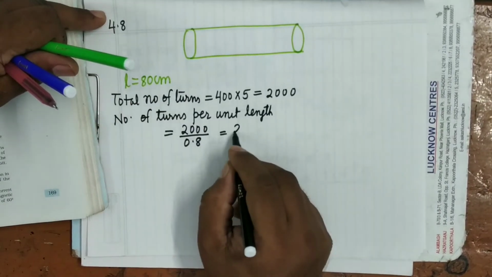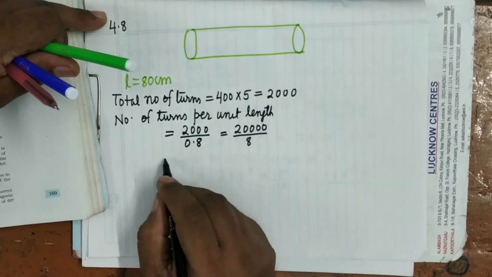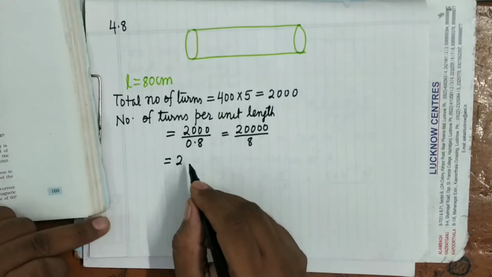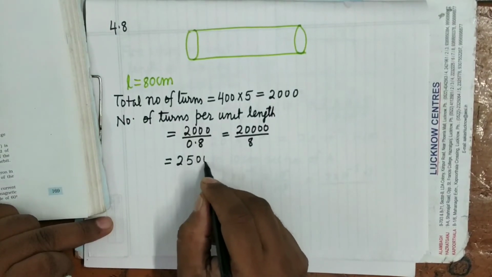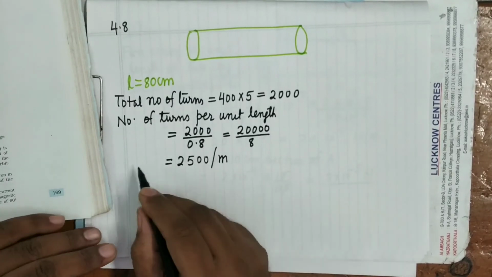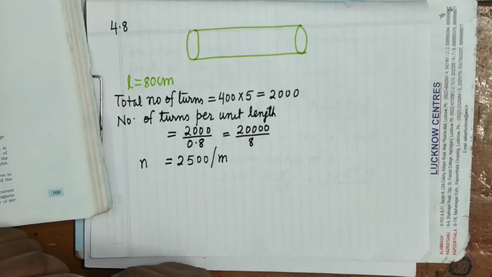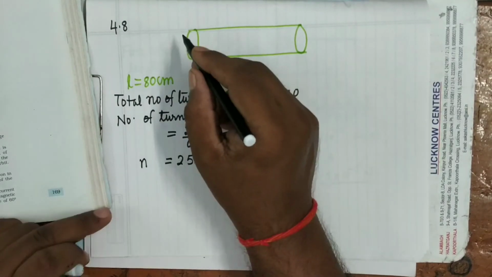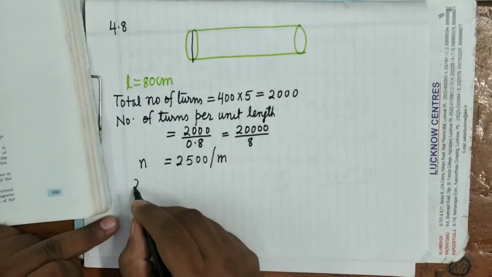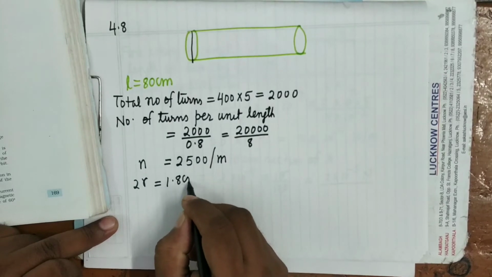So when you simplify, that is 2500 turns per meter. It's clear. So this is the value of small n, number of turns per unit length. The diameter of the solenoid, 2r, is given as 1.8 centimeter.